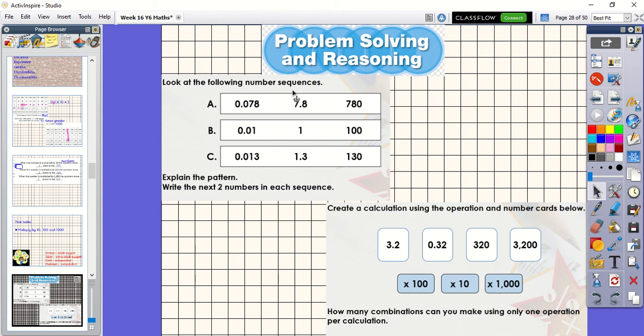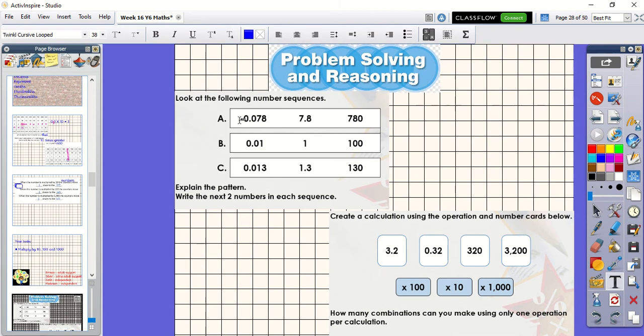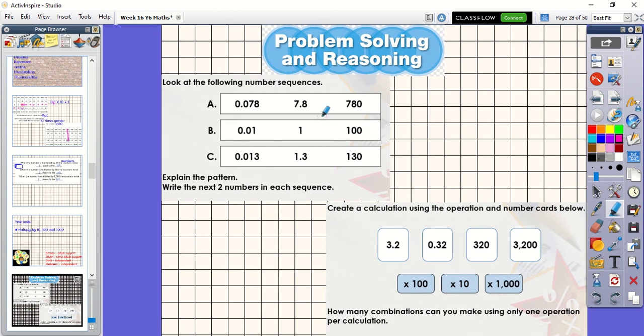Look at the following number sequences. We've got 0.078, 7.8, 780. Explain the pattern and then write the next 2 numbers in each sequence. So let's have a look at what we've got. 0.078 to get to 7.8, that's 7.